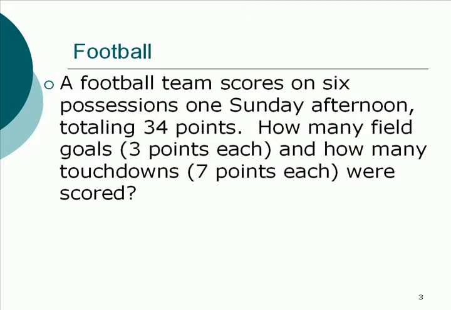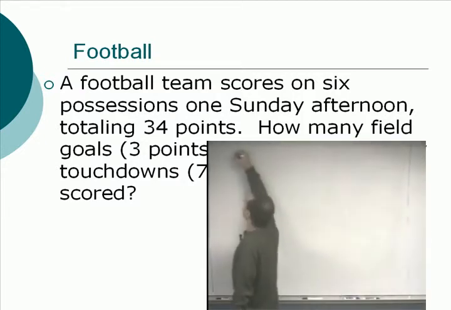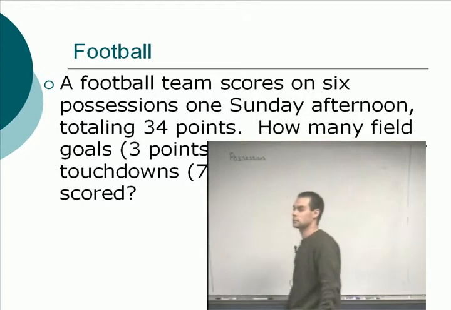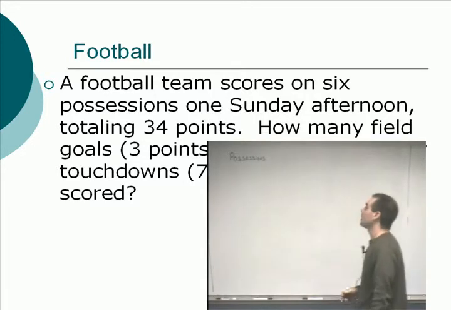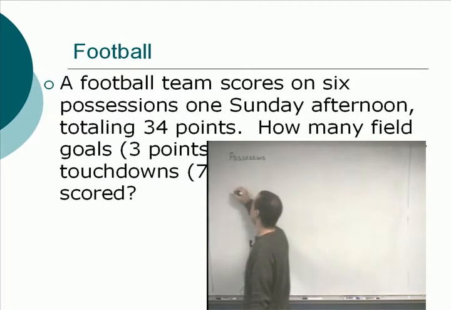That's one fact. And what's the other fact we're given? Total number of points, that's the other fact. So one equation is just going to involve the number of possessions, and the other equation is the total number of points.